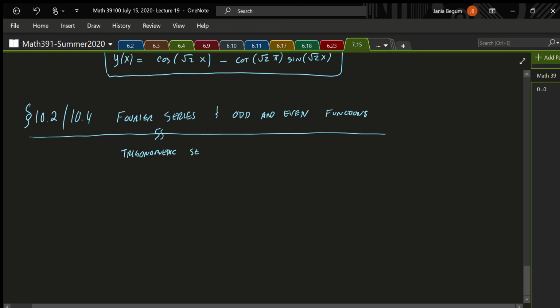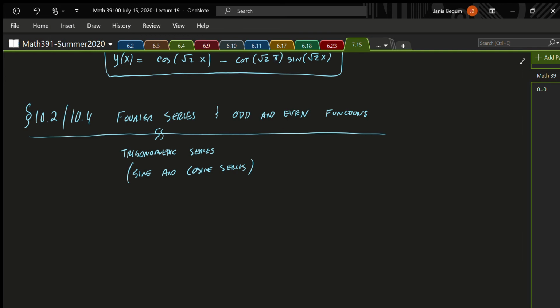Just like we had power series for polynomials, now we have series that involve sine and cosine, so trig series. I like to call them sine and cosine series. You can imagine how wonderful they are when you actually graph them. When you graph the function after you have this Fourier expansion of a given function, you'll see how nice it looks.